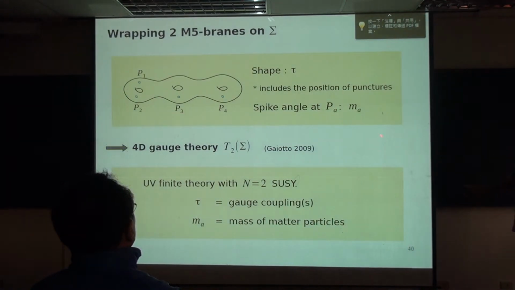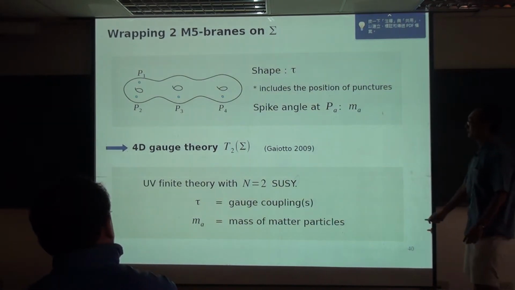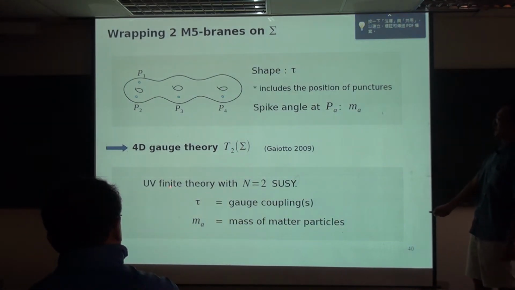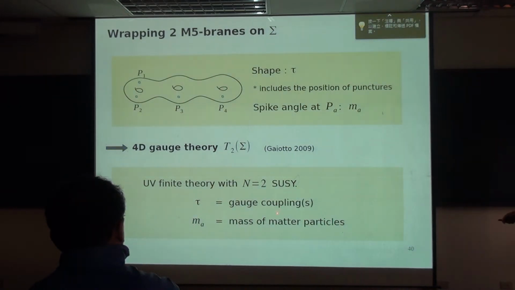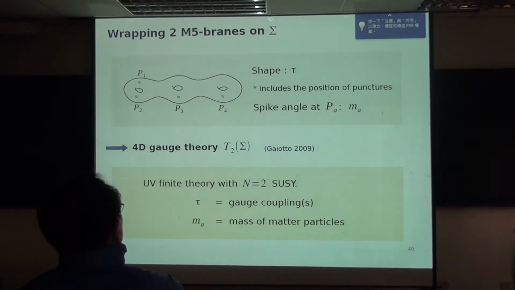Starting from that M5 brane configuration, Gaiotto argued that we can get a 4-dimensional gauge theory. This 4-dimensional gauge theory is a UV finite theory with N=2 supersymmetry. So the coupling appearing in the Lagrangian is a true parameter distinguishing the different theories.